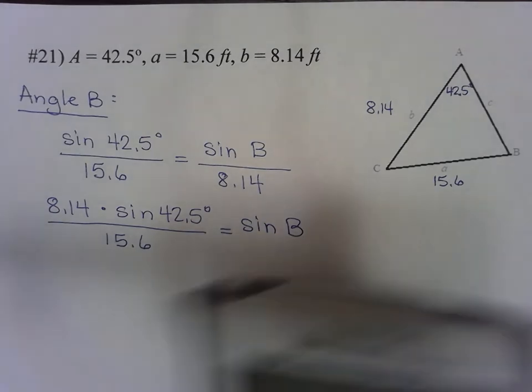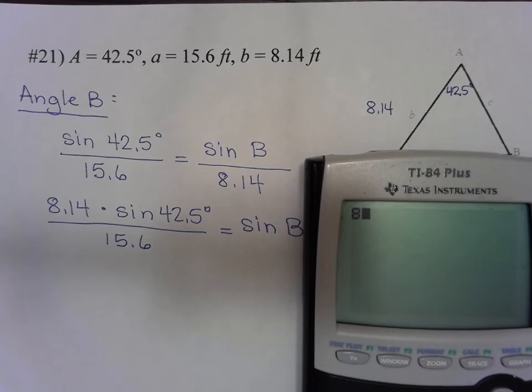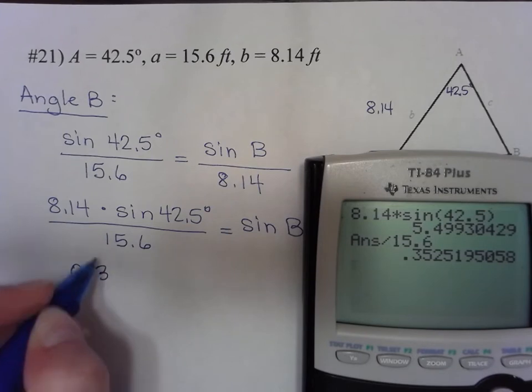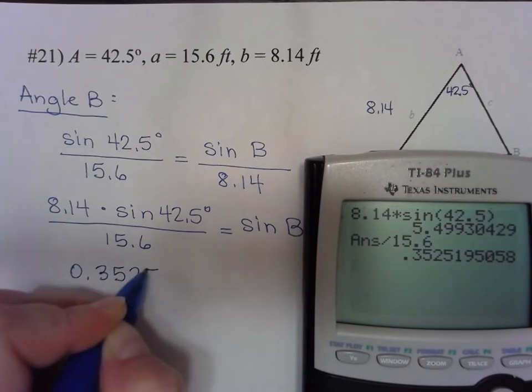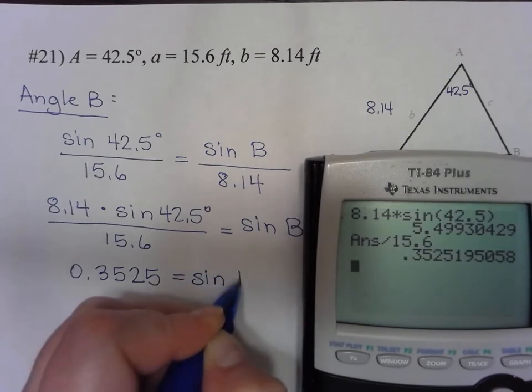So let's calculate what that is. That's going to give us 0.3525, we'll say, is equal to the sine of B.